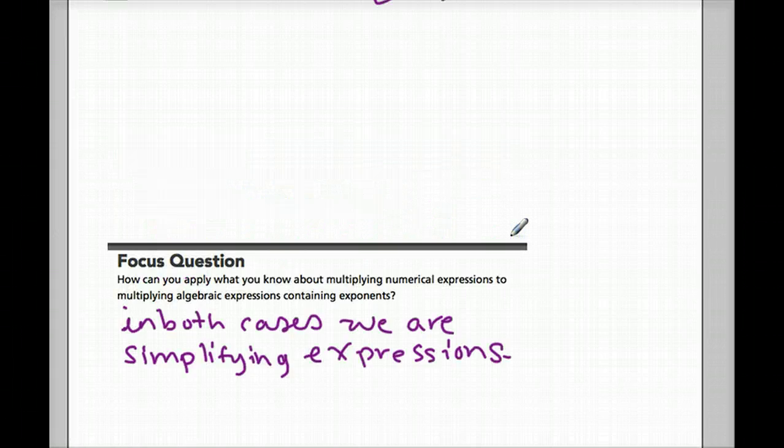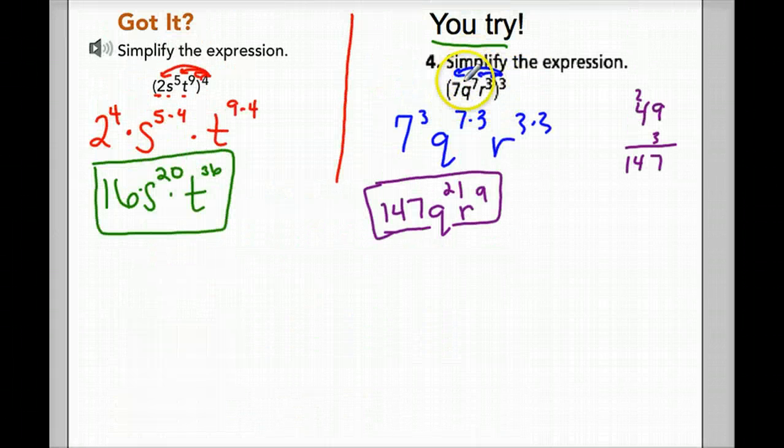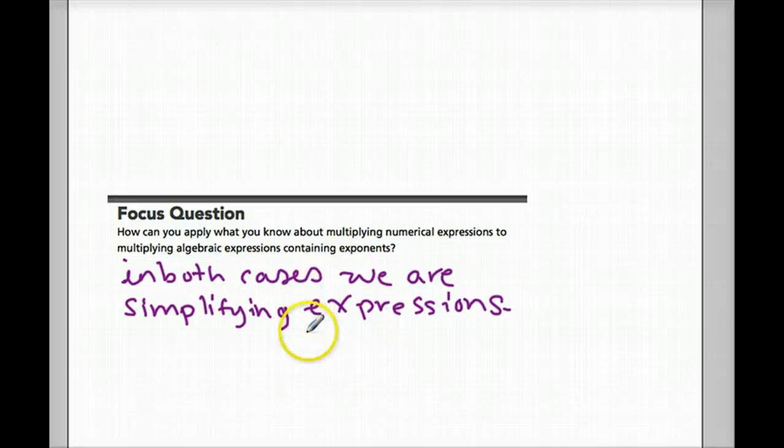And that's true because up here we're taking this long expression and making it a little bit shorter by getting rid of that exponent. Again, here we're taking this longer expression, making it a little bit smaller by getting rid of that 4 right here. So in both cases, we're just simplifying expressions.